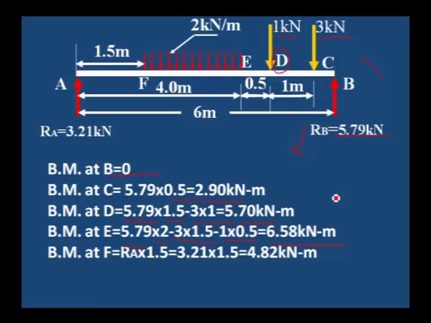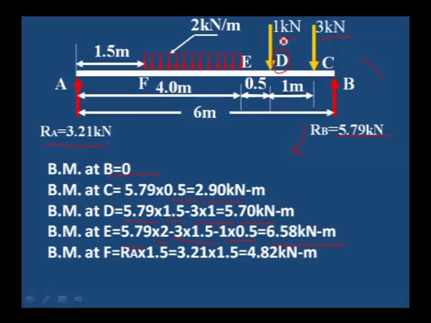To calculate bending moment at F, instead of taking the right side of F, I am taking the forces on the left side, which is easy because on the left side of F only reaction RA is acting. On the right side of F, the 2 kilonewton per meter UDL plus 1 kilonewton and 3 kilonewton point loads are acting.